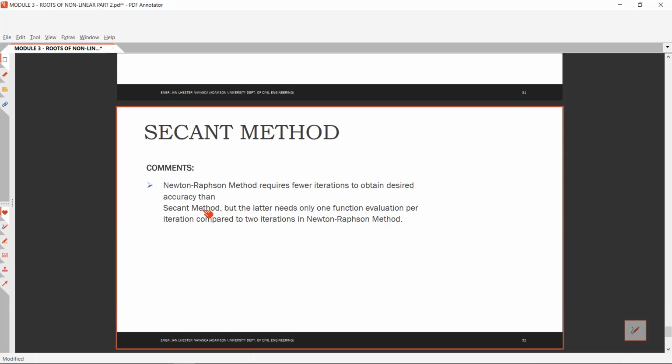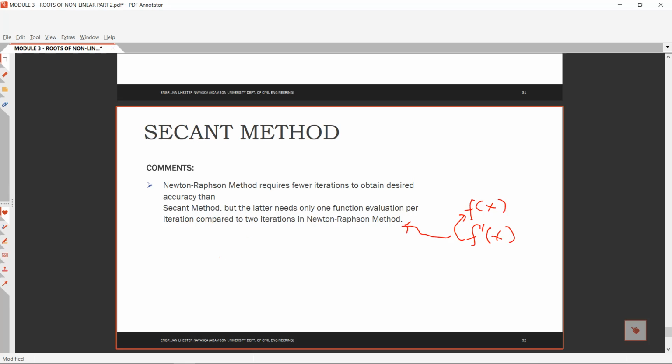But the latter, the second method, needs only one function evaluation per iteration, compared to 2 evaluations in the Newton-Raphson method, because Newton-Raphson needs 2 functions. You have the function itself, your desired non-linear equation f of x, and it needs a derivative function, the derivative of f of x. So Newton-Raphson needs 2 function evaluations.